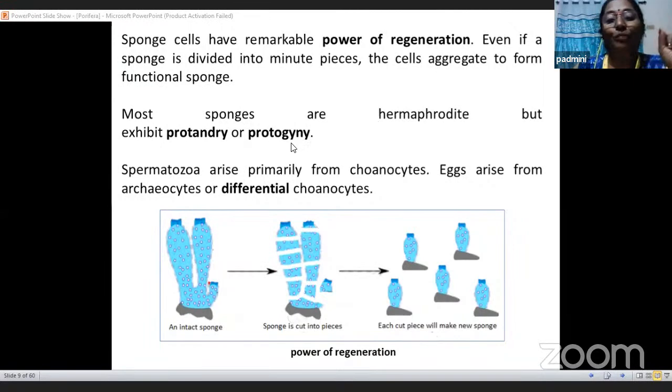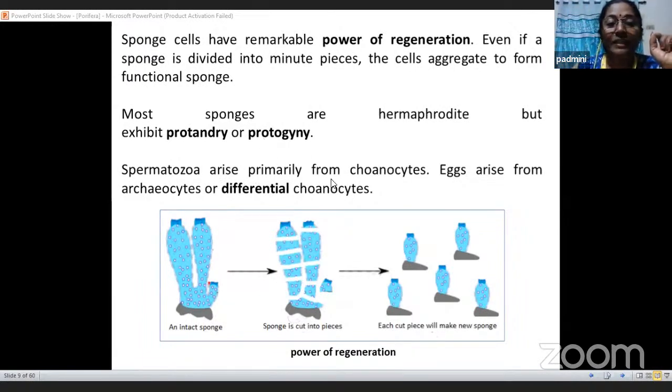When I'm talking about protogyny, gyne means female organs, like gynecologists, who talk about the female reproductive organs. So protogyny is when the development of the female reproductive organ occurs first and then the male reproductive organ. So protandry, protogyny. These are some scientific names you can just remember.